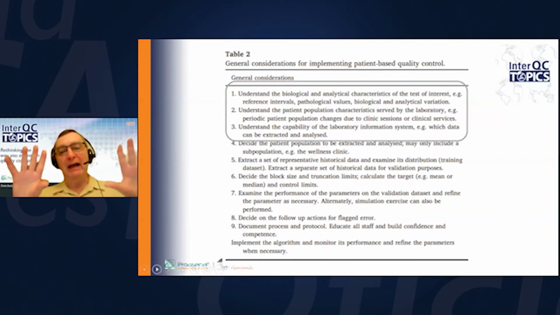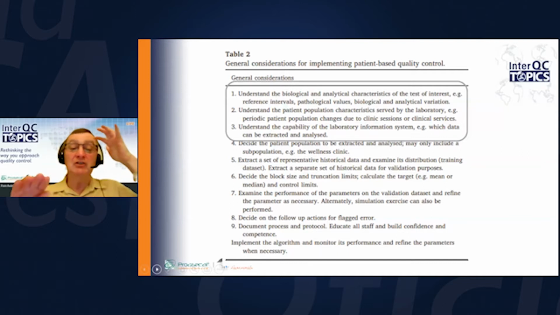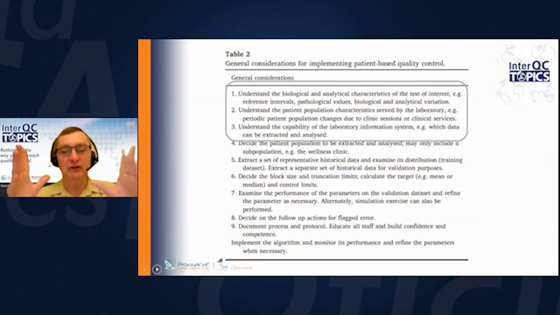You may get more abnormal samples in the morning, because they may come from the acute care wards like intensive care or cardiac care. They often come down in the morning after the first sort of bleed for the day. So in the morning, you may get a different sort of average sodium than you might in the middle of the day, where it's more inpatients, than you may in the afternoon, where it may be outpatients. So you need to understand that.